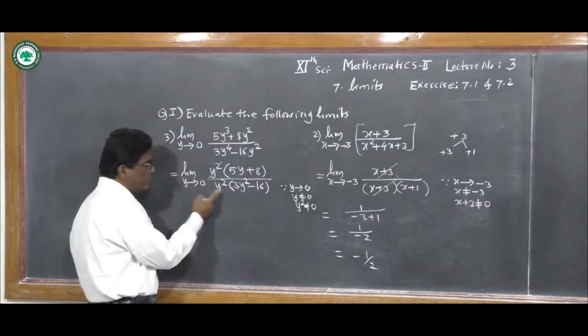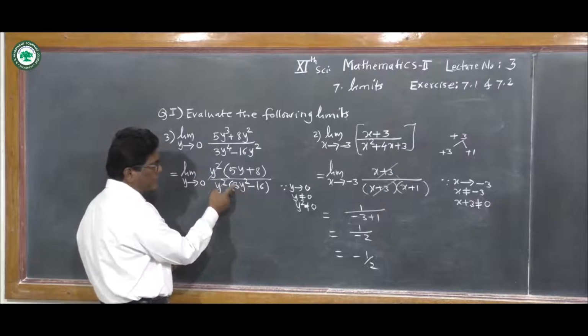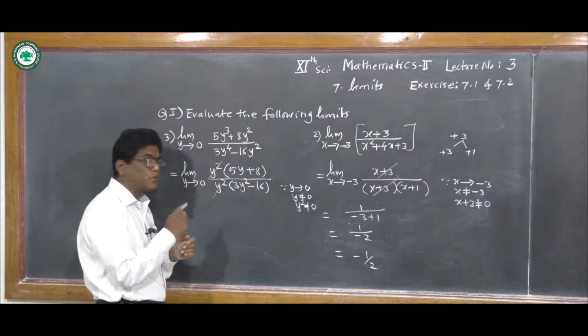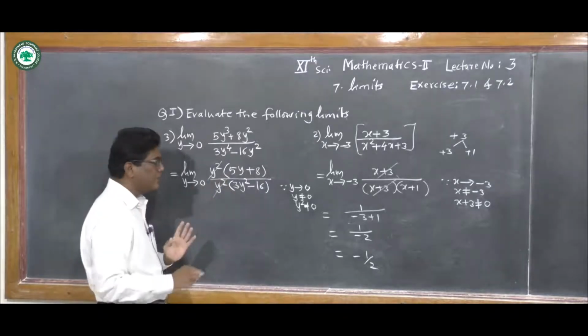Now when we put y equal to 0, 3 into 0 is 0, and 0 minus 16 gives minus 16 in the denominator. So put y as 0 directly in the numerator and denominator.